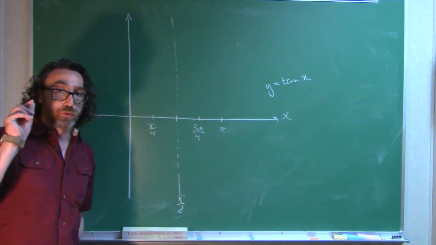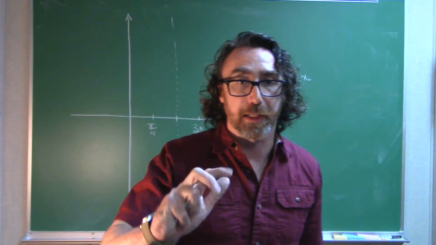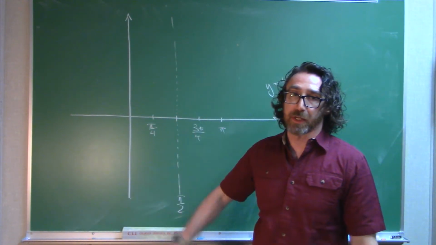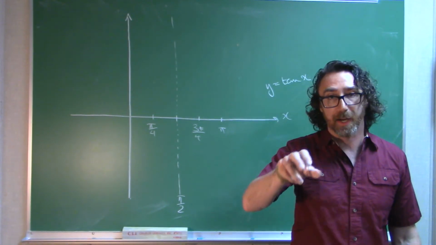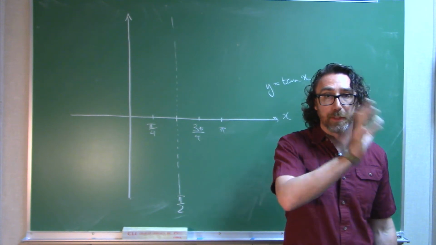Now, when you're drawing graphs for sine, cosine, secant, cosecant, the points I want you to plot on the horizontal axis are 0, pi over 2, pi, 3 pi over 2, and 2 pi.